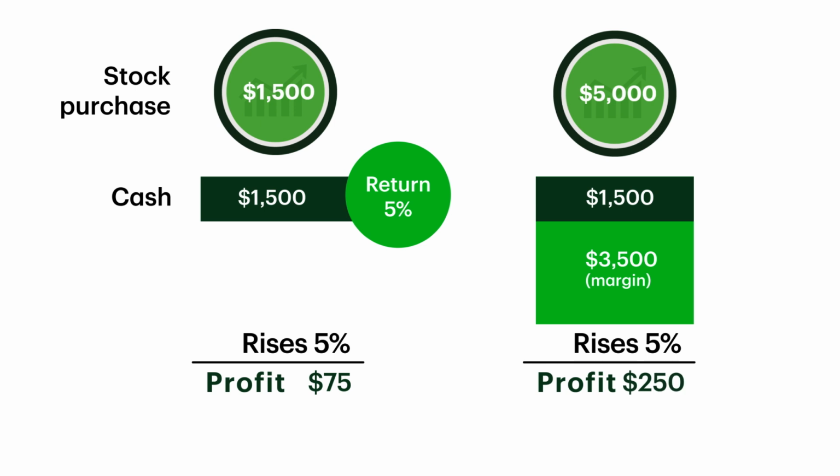The $5,000 invested is now worth $5,250. This means you've made $250 on your cash investment of $1,500. This would be a return of 16.6% on your capital before deducting any amount paid for interest. The opposite would be true if the stock went down 5%.